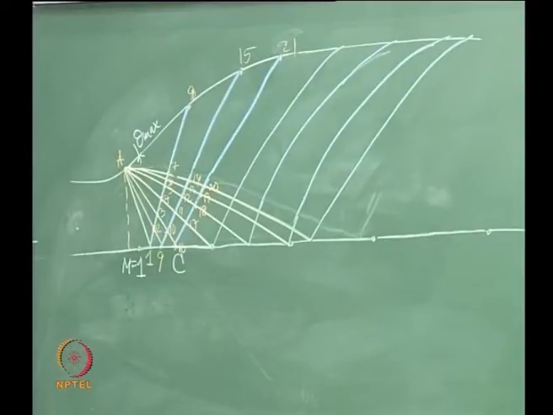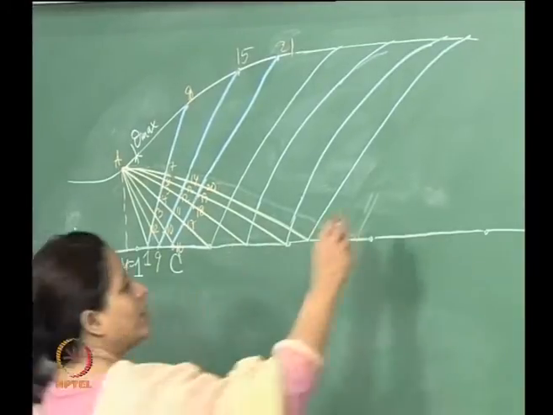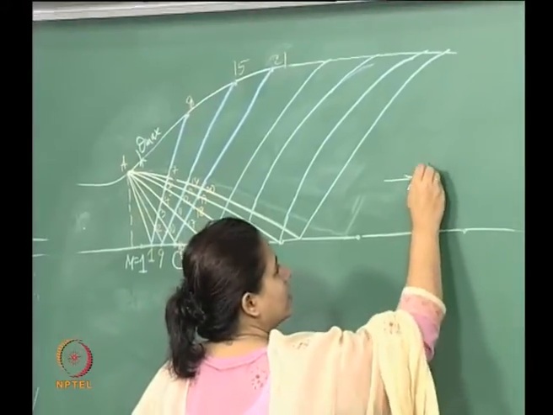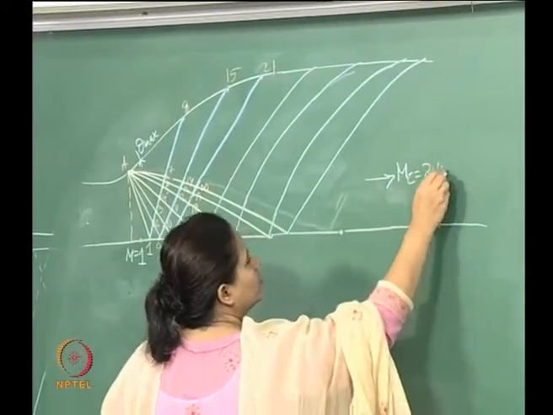I know my exit Mach number, and that is all I'm given. My exit Mach number is 2.4.